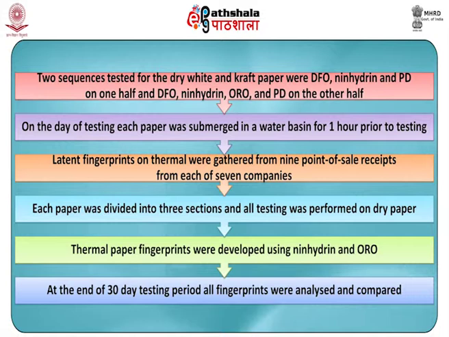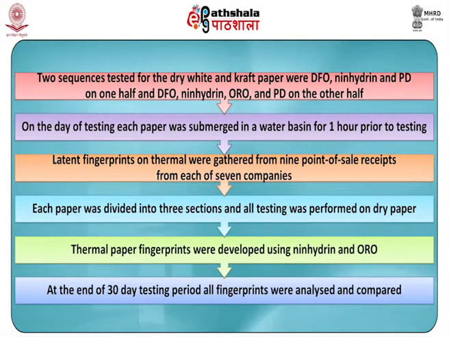The two sequences tested for the dry white and craft paper were DFO, ninhydrin, and physical developer on one half, and DFO, ninhydrin, ORO, and physical developer on the other half.